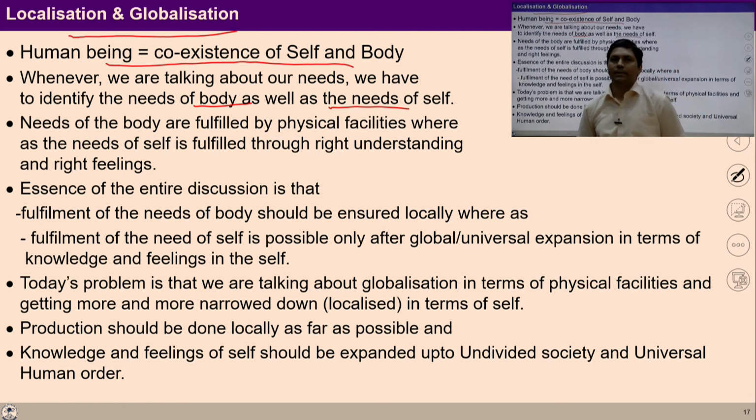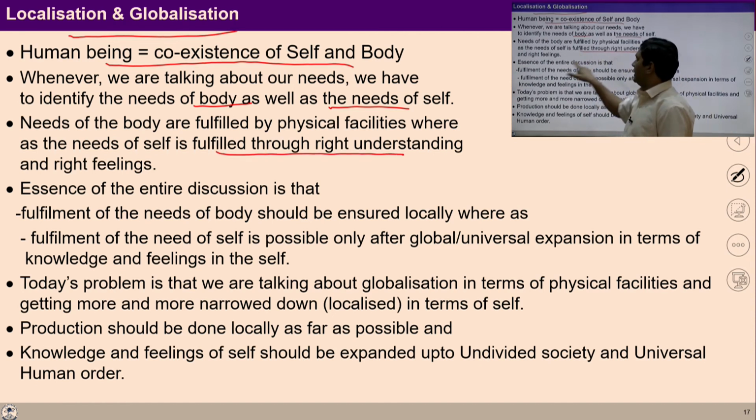We studied in previous lectures that needs of the body are fulfilled by physical facilities, material things, while the need of the self is fulfilled through right understanding and right feelings. And we discussed this many times during the course.